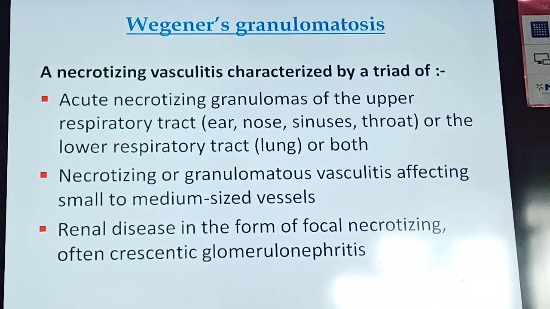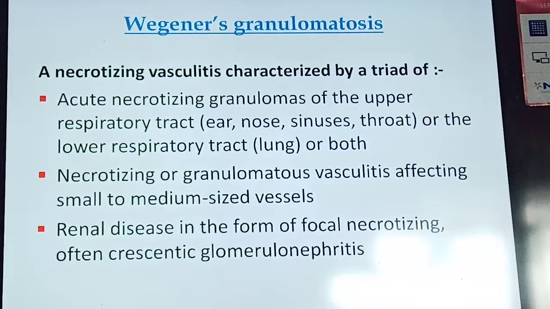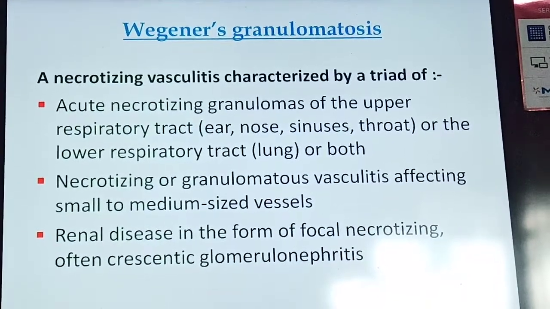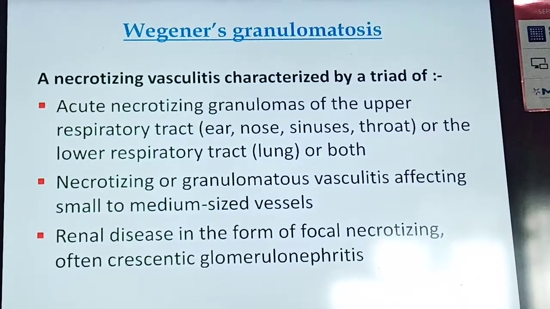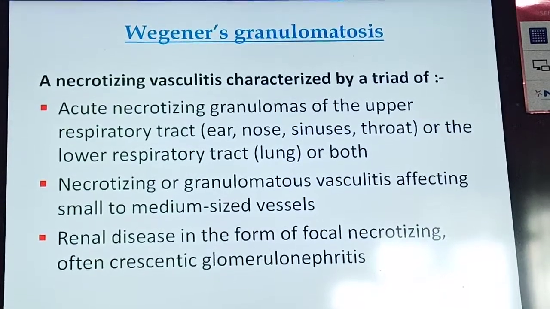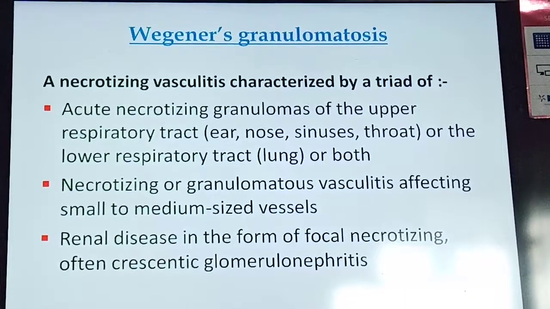Second is necrotizing or granulomatous vasculitis affecting small to medium sized vessels, and third is renal disease in the form of focal necrotizing, often crescentic glomerulonephritis. So these are the necrotizing vasculitis features that make up the characteristic triad.